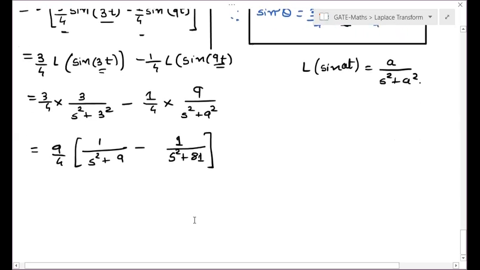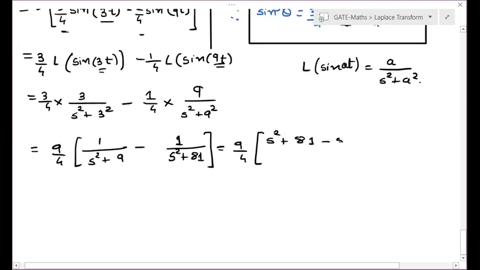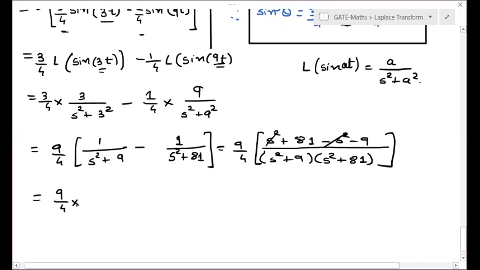So here if you simplify further, if you take LCM over here, this will be your 9 by 4, s square plus 81 minus s square minus 9, whole divided by s square plus 9 into s square plus 81. Plus s square minus s square will get cancelled out. So this is equal to 9 by 4 into 81 minus 9, 72, or not?